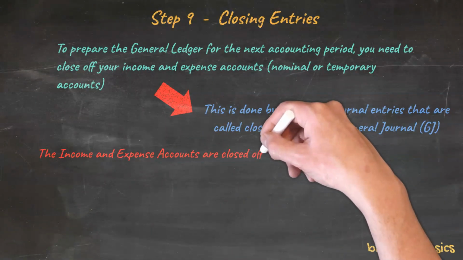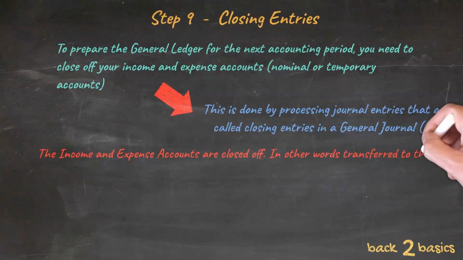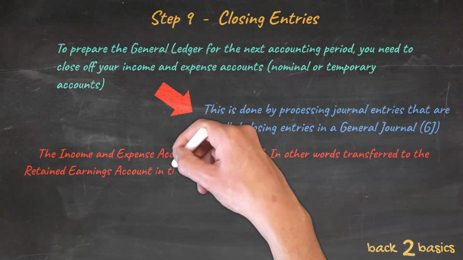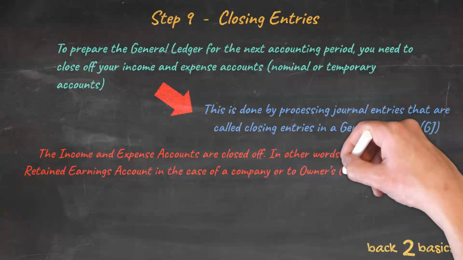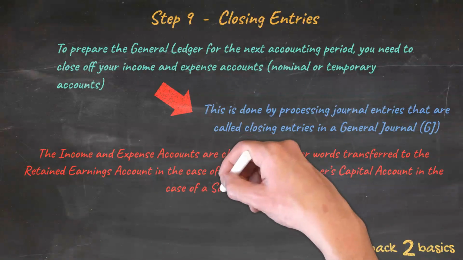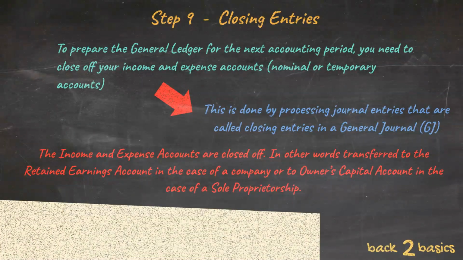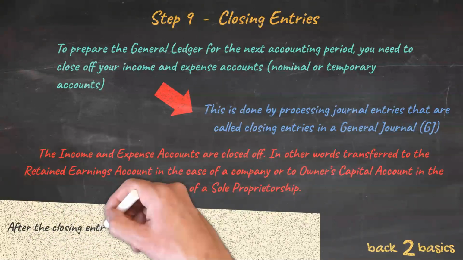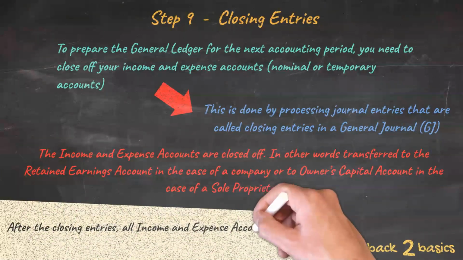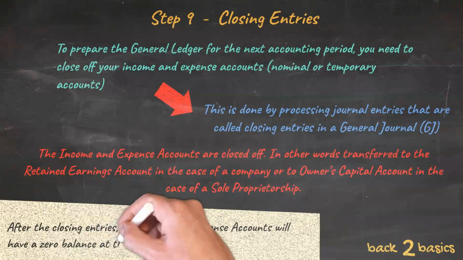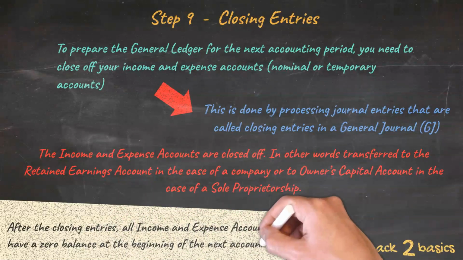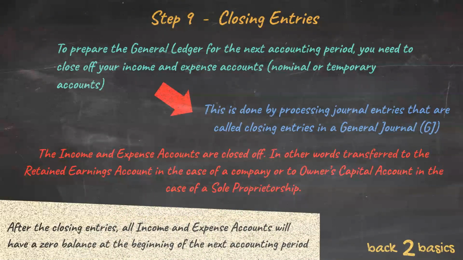In other words, transferred to the retained earnings account in the case of a company, or to the owner's capital account in the case of a sole proprietorship. After all the closing entries have been processed, all income and expense accounts will have a zero balance at the beginning of the next accounting period.